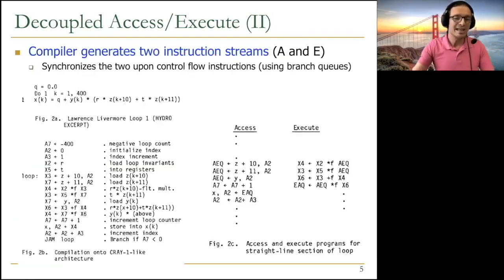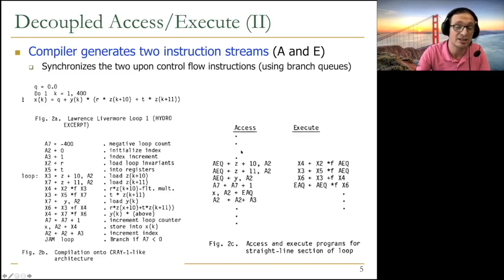Essentially, the basic idea is instead of having a single instruction stream, like this very famous loop, a Lawrence Livermore loop that does some scientific computation, you basically have two instruction streams, access and execute, and it's essentially doing the same thing. Whenever you need to do memory access, you do it over here. Whenever you need to do operations, executions, and branches, you do it over here.